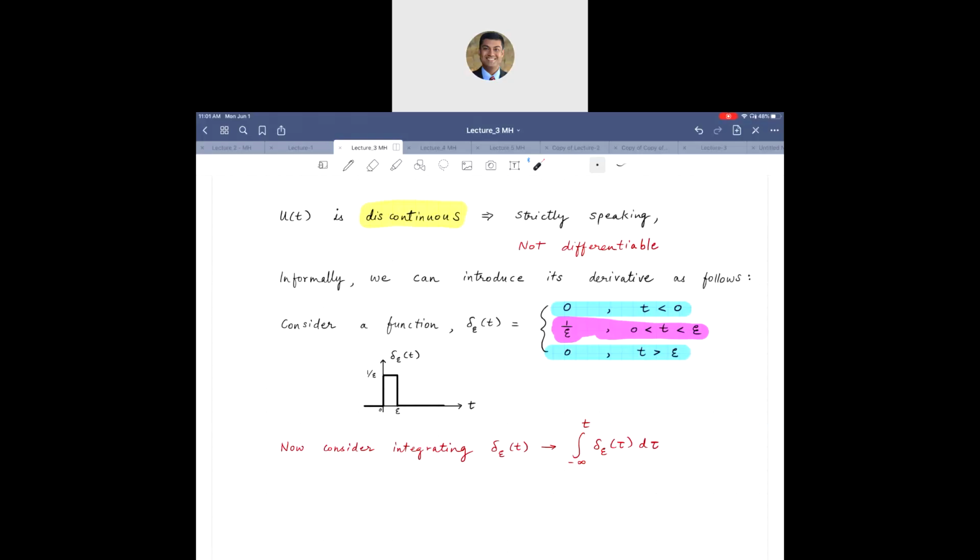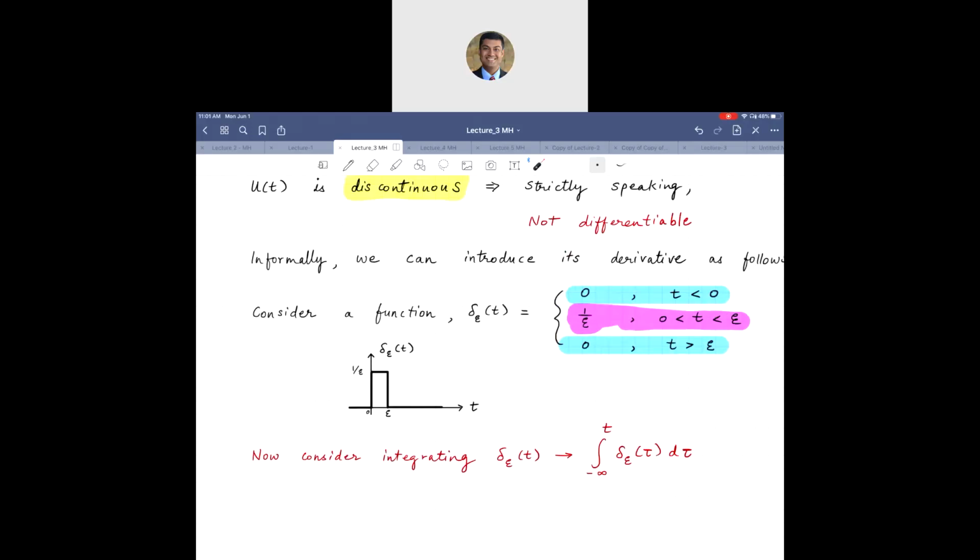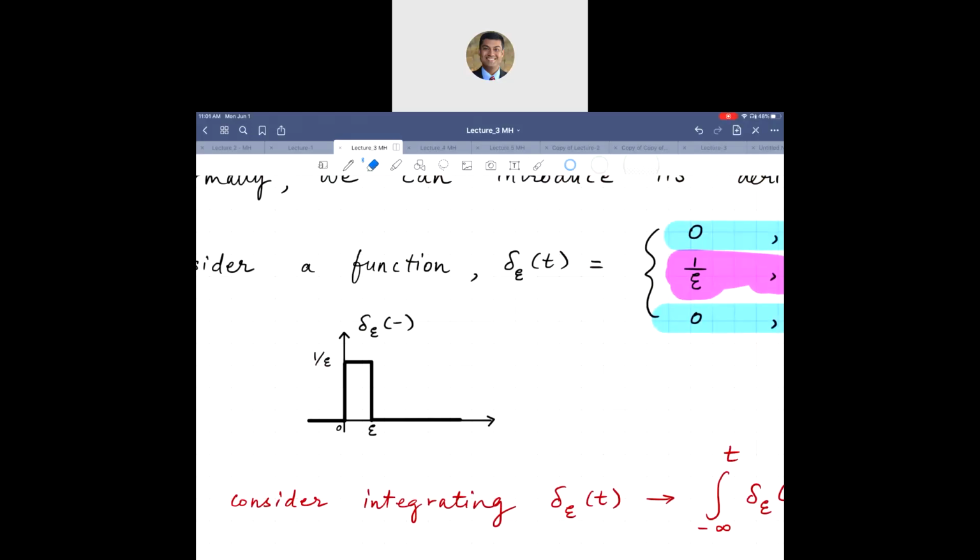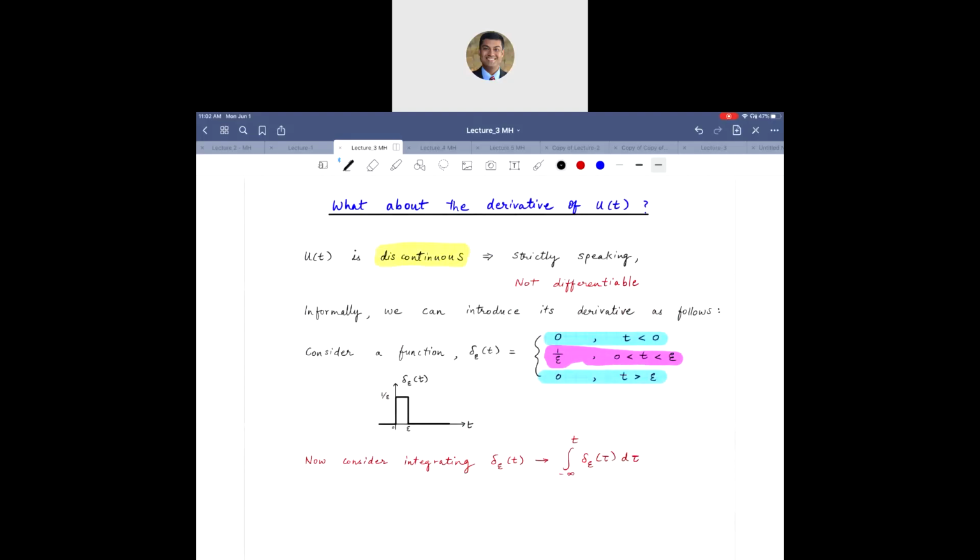The function we are expressing as the integral of delta sub epsilon of tau d tau. By the way, all you have to do is this t becomes tau, that becomes tau, there's nothing different, and then we are integrating with respect to tau.